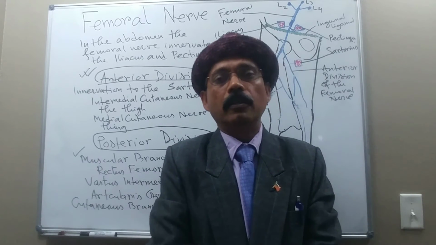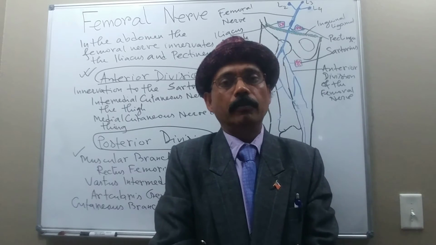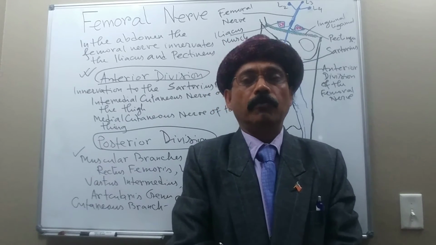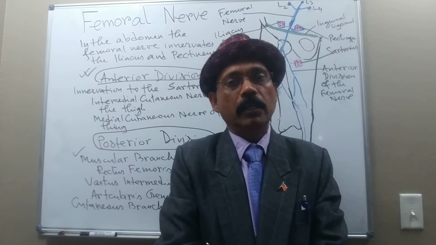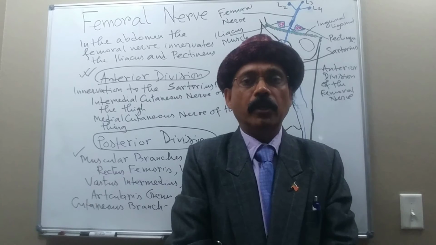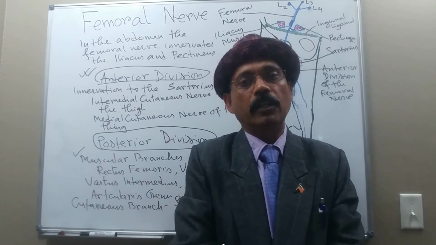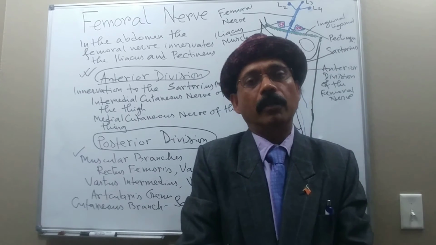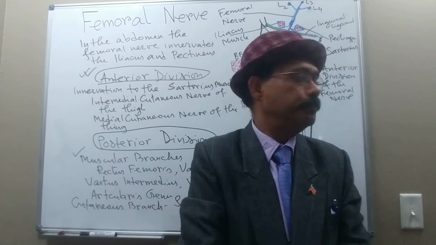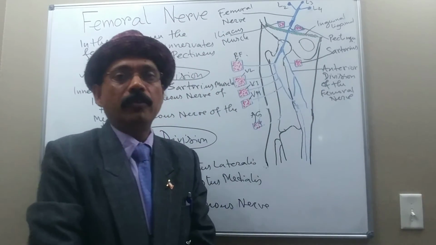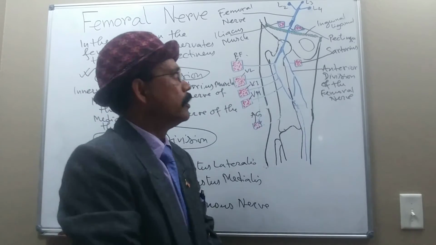It picks up sensation from the medial side of the knee, the medial side of the leg, and the medial side of the dorsum of the foot up to the ball of the great toe. The saphenous nerve is accompanied by the great saphenous vein up to the knee, and it is a branch of the posterior division of the femoral nerve.